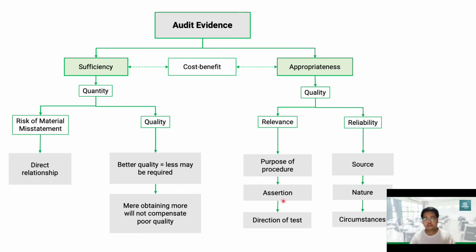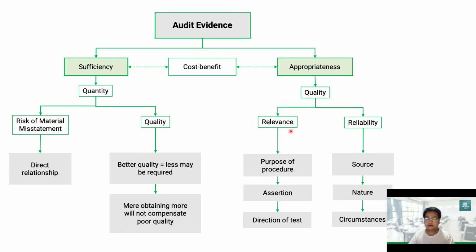So in short, an audit evidence is considered relevant if it can address the objective of the auditor's procedure. If not, then that evidence is considered low quality compared to the objective that you have set.